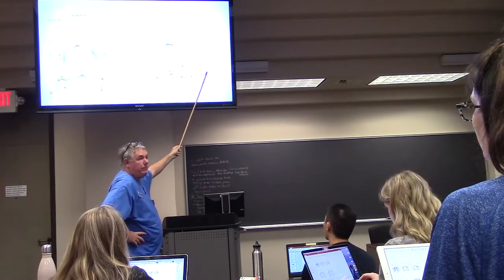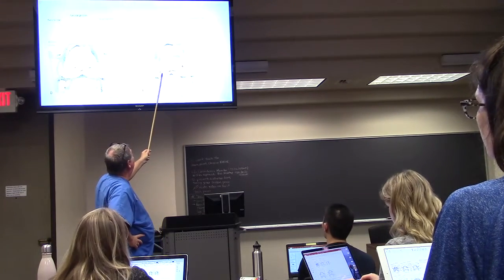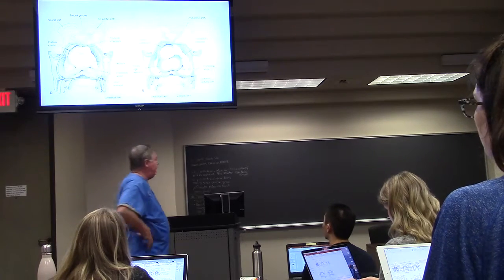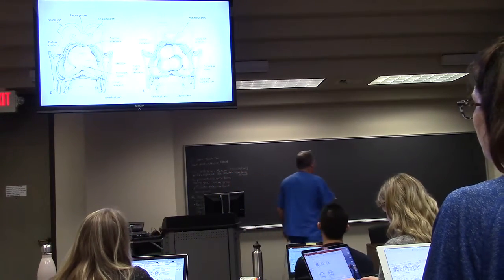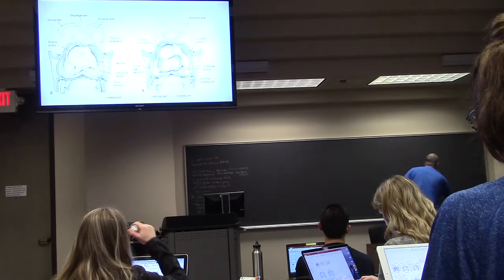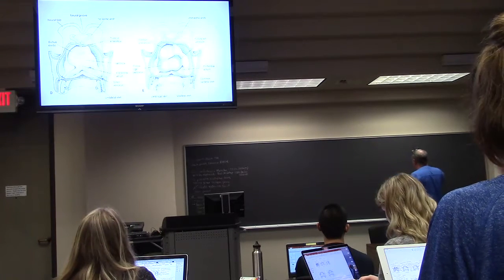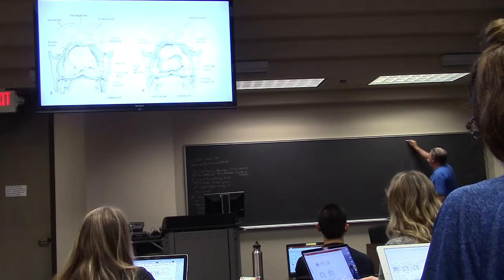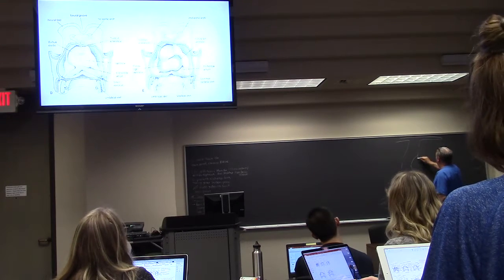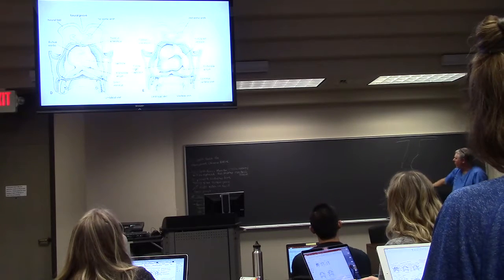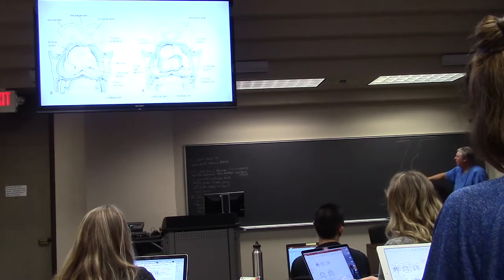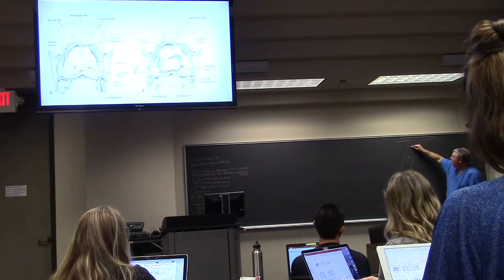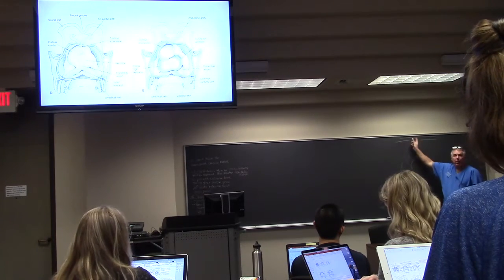primordial atrium. It's down here in the bottom. Truncus arteriosus, if you remember what the truncus arteriosus was, from the right ventricle you have the right ventricle, the truncus arteriosus, and then the right and left pulmonary arteries.